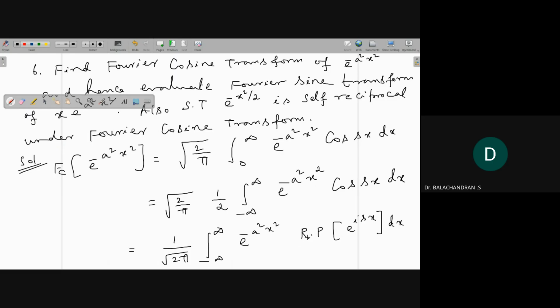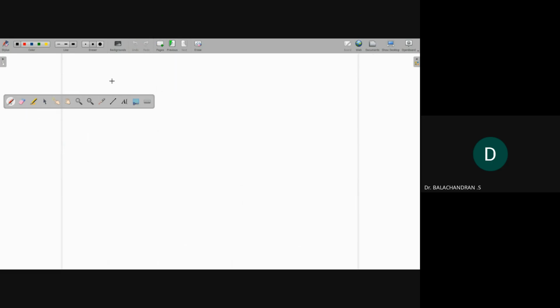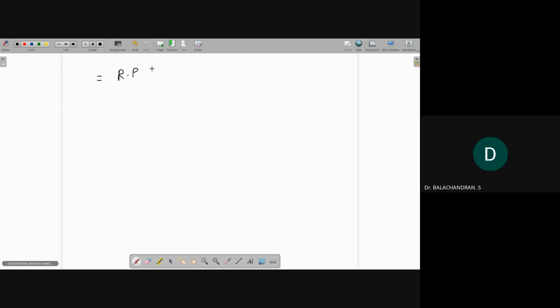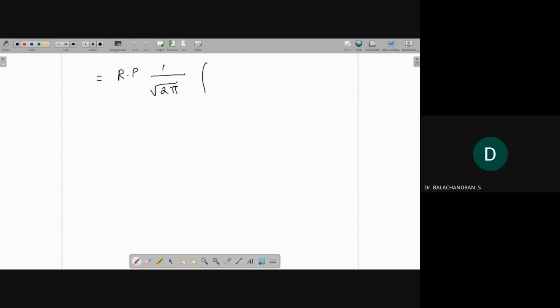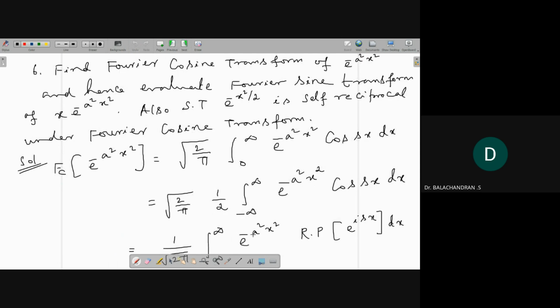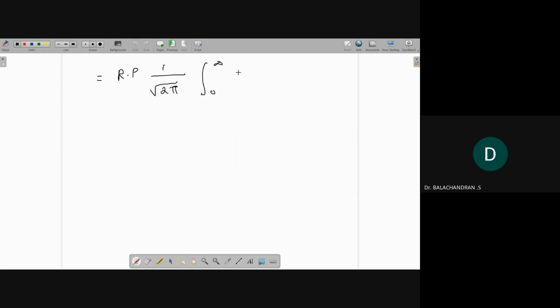In the next step, I will take the real part outside the integral, which is real part of 1 by root 2 pi integral, taking e power minus a square x square into e power isx dx.